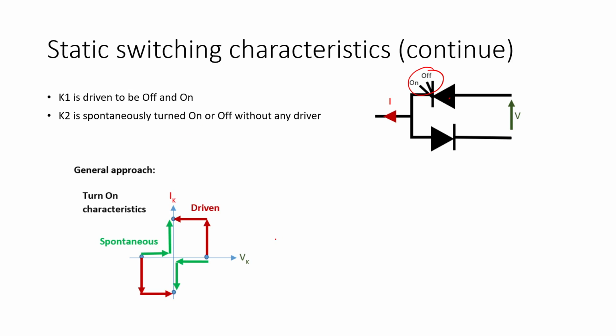So the general approach for the turn-on characteristics of the driven switch: turn on at zero voltage. This is driven. Turn on means current can flow.